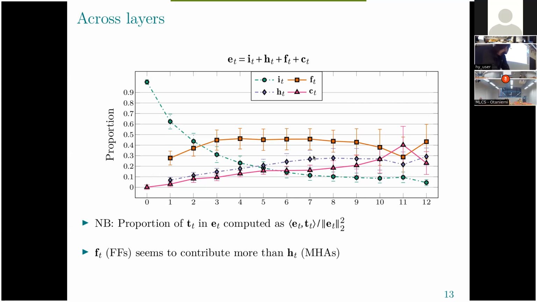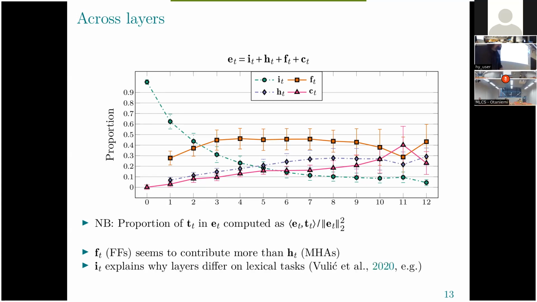And as you can see, the feed-forward seems to dominate the multi-head attention, which is perhaps a bit surprising if you're familiar with NLP literature, in that when we talk about transformers, one of the things that generally pops up is what multi-head attention tends to do. There's a whole lot of focus on multi-head attention and very little discussion of feed-forwards. Whereas if we actually look at the proportion, it does seem that we should perhaps pay more attention to feed-forwards.